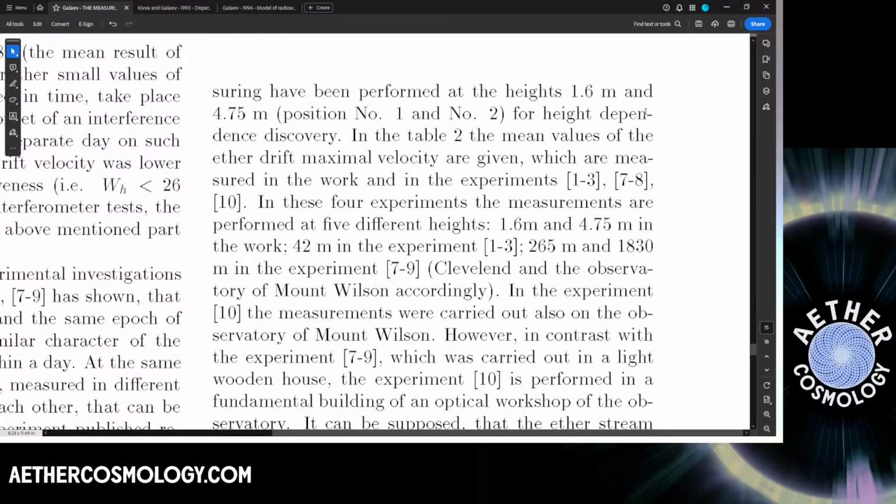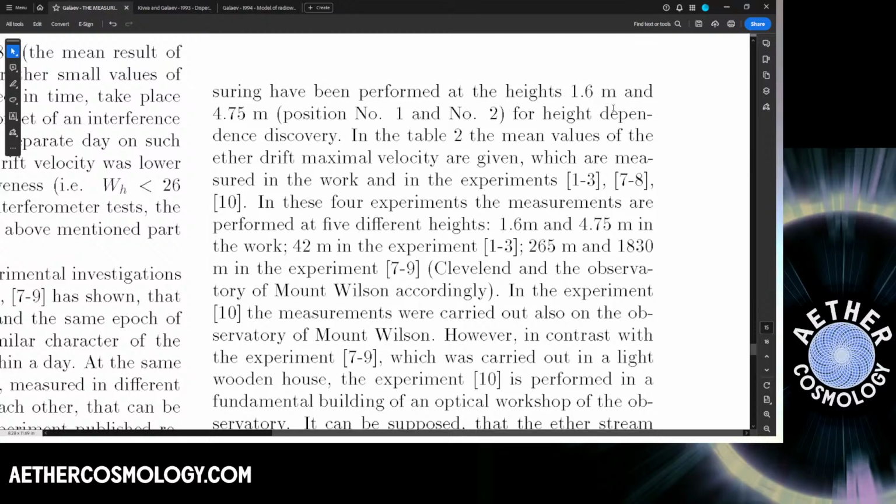In table 2, the mean values of the ether drift maximal velocity are given, which are measured in the experiments 1, 3, 7, 8, and 10. In these experiments, the measurements are performed at 5 different heights: 1.6 meters, 4.75 meters, 42 meters, 265 meters, and 1830 meters, in Cleveland and the Observatory of Mount Wilson accordingly.